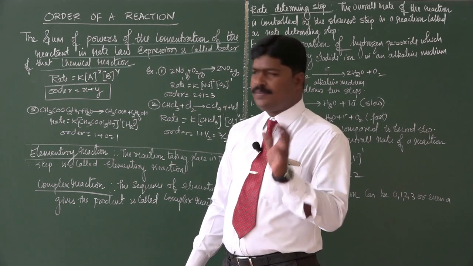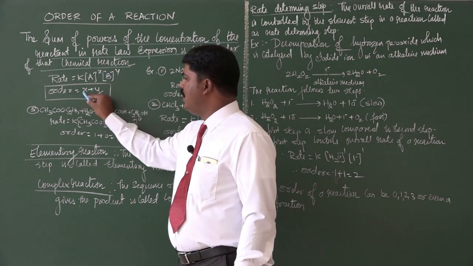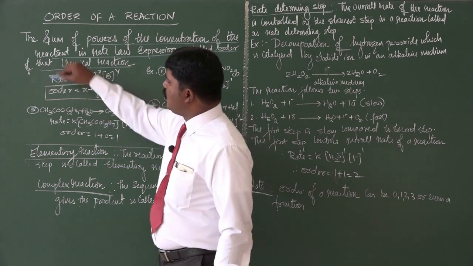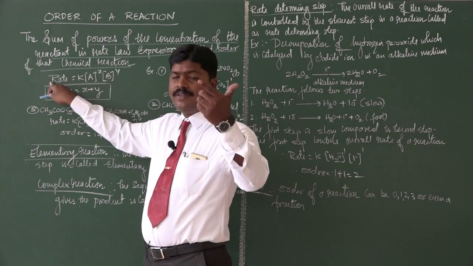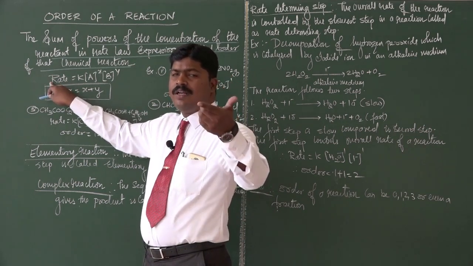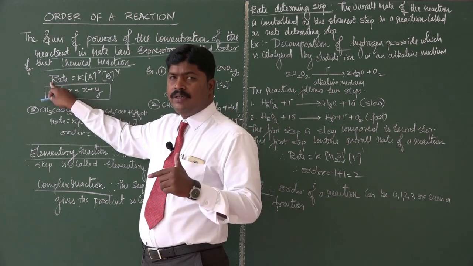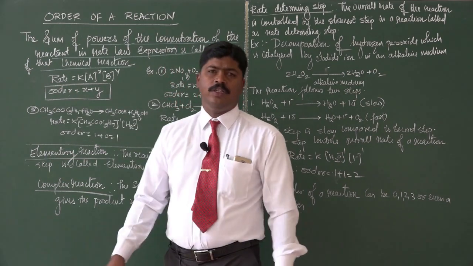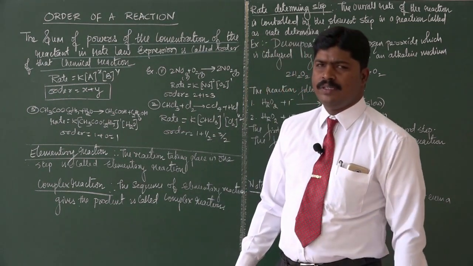After seeing the rate expression, add the powers, x plus y, order is x plus y. We are not focusing on the equation, but on the rate expression for that chemical reaction. Order is just the sum of the powers in the rate expression.